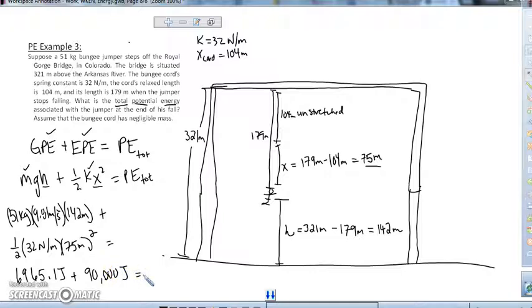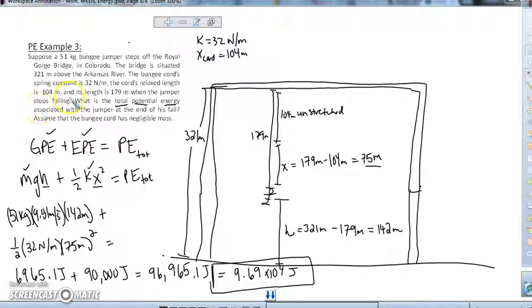So now I'm going to add the two numbers together to get the total: 96,965.1 joules. It's actually a lot easier to write this in scientific notation. So I will. 1, 2, 3, 4 times 10 to the 4. So there you have it.